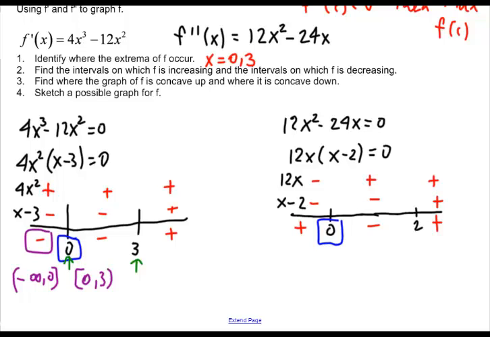I'm only increasing on my derivative from 3 to infinity. So where we're decreasing is in purple, and we're increasing in blue.